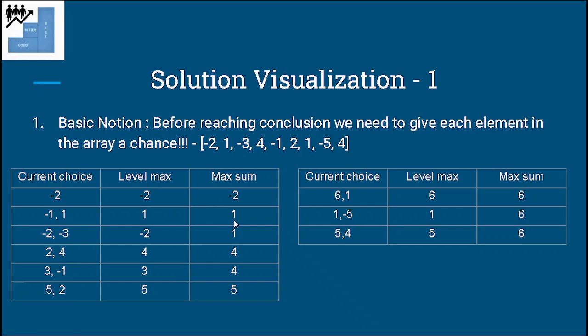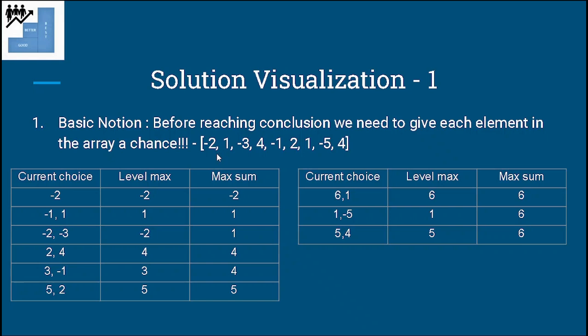Okay. So for example, when I had minus 2, my level max was minus 2 only because I had no other choice. Array will have at least one element, and the maximum sum also remained at minus 2. Now, when I included 1, if I sum it with the existing minus 2, I have minus 1.